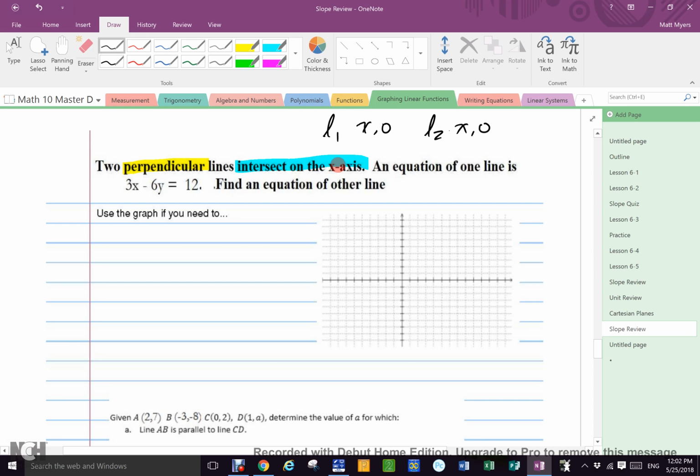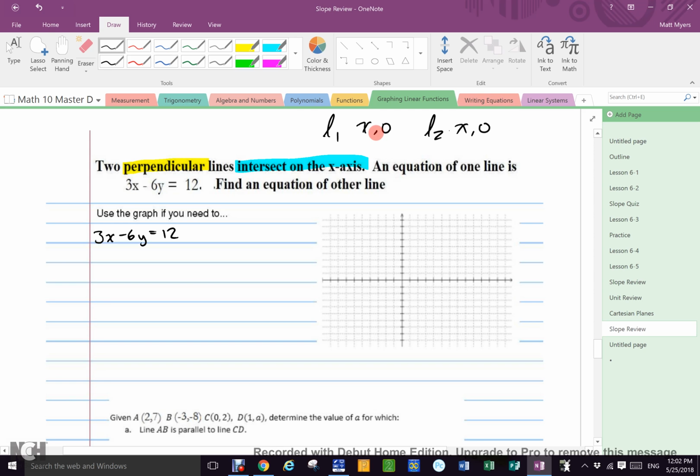You know one of the lines is 3x minus 6y equals 12, correct? Now, from there, do you know the x-intercept? Do you know what this point is right away? No, what must you do?